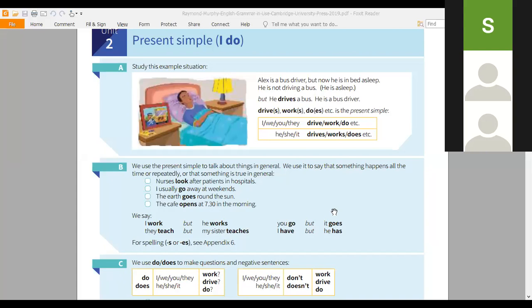In present continuous tense, we just talk about what we are doing at the moment and what's happening around us. It means we talk about the present time. Okay. Yeah, thank you. Thank you so much.